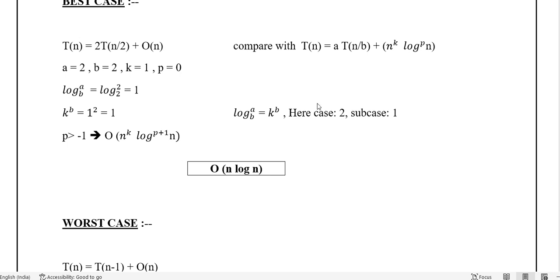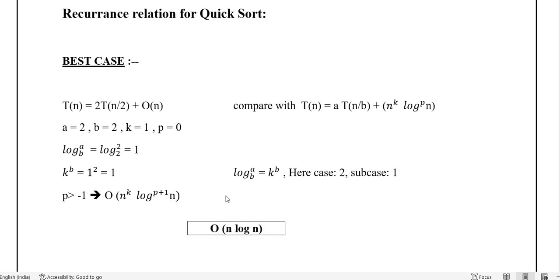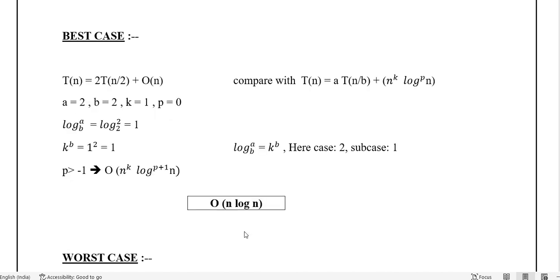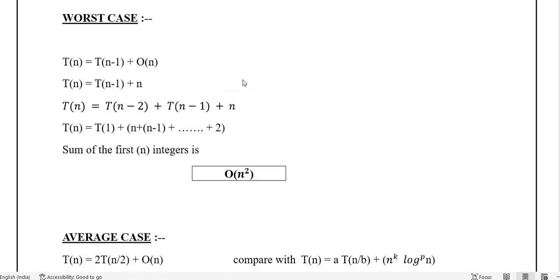This is case 2 and subcase 1, where p is greater than minus 1, giving O(n^k log^(p+1) n). I put all the values into this formula. So finally, the best case time complexity is O(n log n).